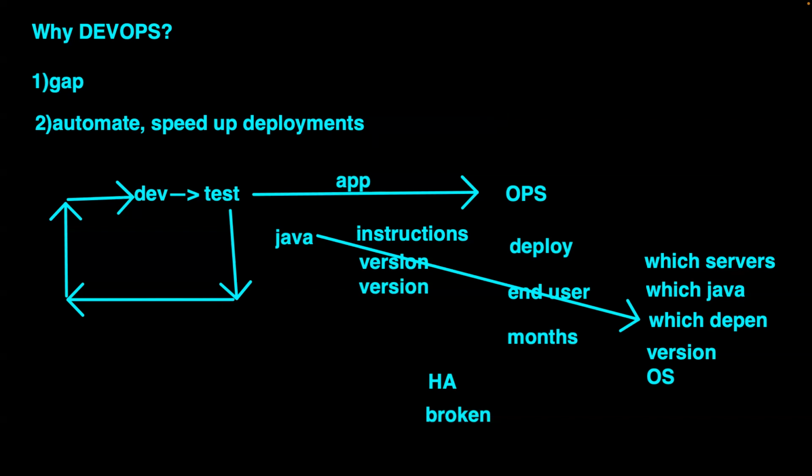Am I making sense? How is it possible? By use of the tools. There is a tool stack which can be used to make this possible. Not only just the tools, we have to implement the DevOps strategies, the right tools in the right way, right at the right time. And the process of deployment also changed.